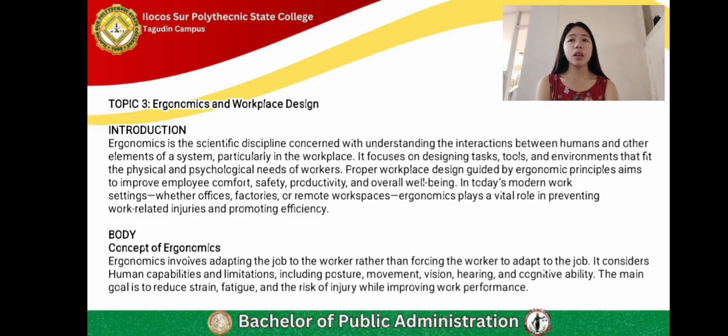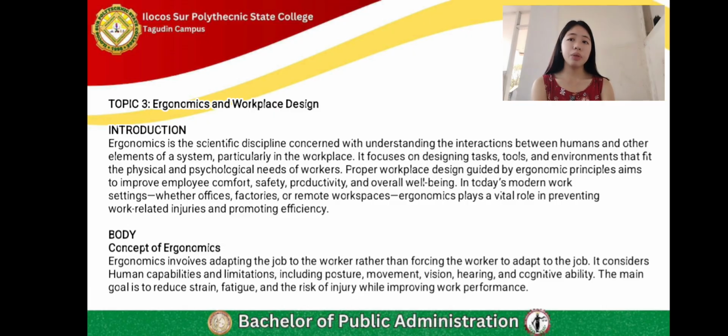Proper workplace design guided by ergonomic principles aims to improve employee comfort, safety, productivity, and overall well-being. In today's modern work settings, whether offices, factories, or remote workspaces, ergonomics plays a vital role in preventing work-related injuries and promoting efficiency.